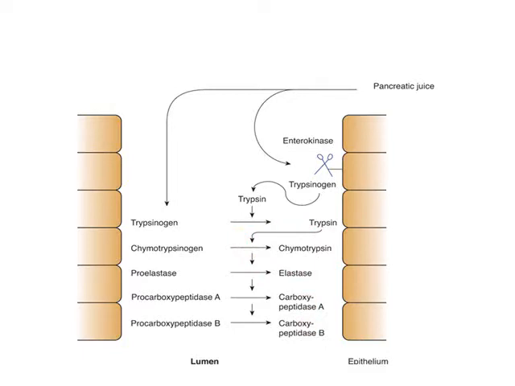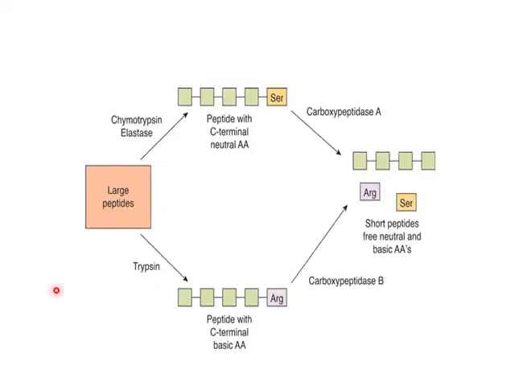Carboxypeptidases of pancreas are exopeptidases which hydrolyze amino acids at carboxyl and amino terminal of polypeptide molecules. Trypsin, chymotrypsin, and elastase act at interior peptide bonds of polypeptide molecules, and they are called endopeptidases.